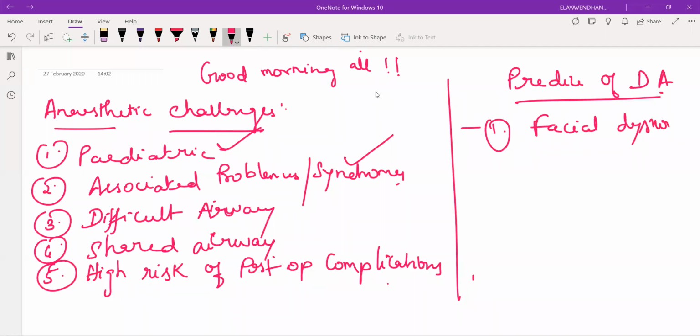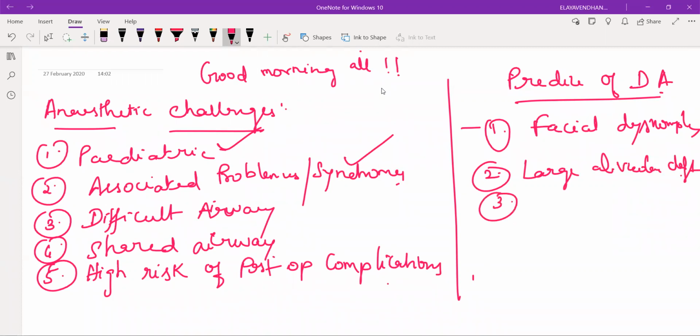Then, when there is a large alveolar cleft. When there is bilateral cleft lip or cleft palate. When there is retrognathia or micrognathia.